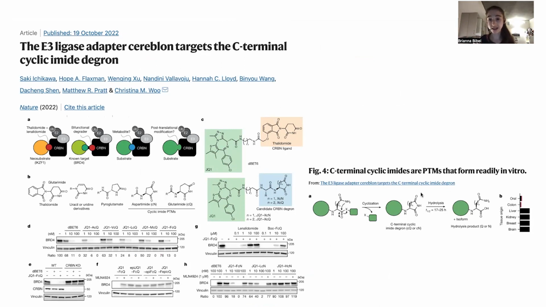You can also get it at the ends of proteins. This can potentially serve as a signal for a damaged protein, and then allow it to be bound by cereblon and degraded. As I'll be talking about, the reason this was a cool finding was that people didn't really know how cereblon naturally determined its substrates.